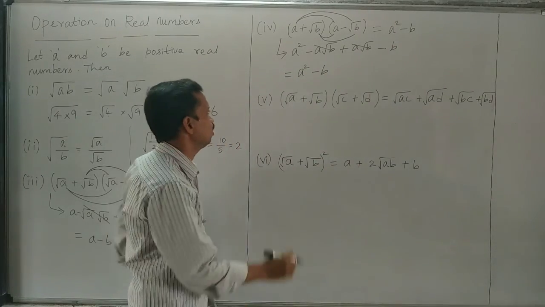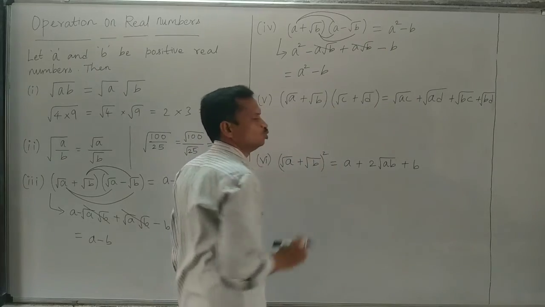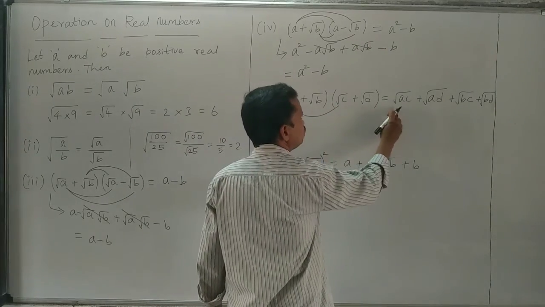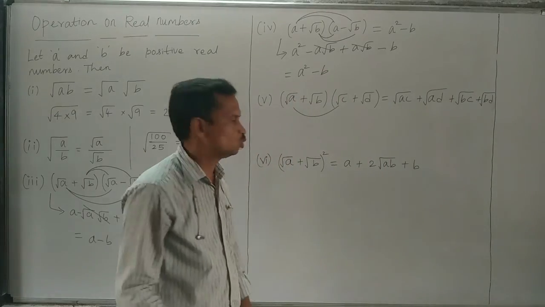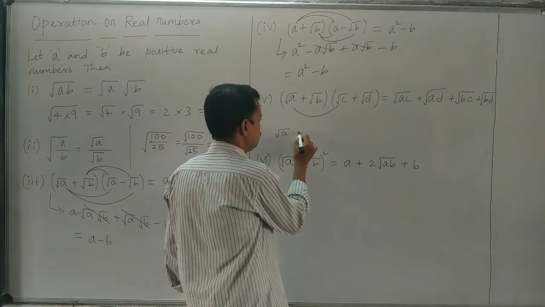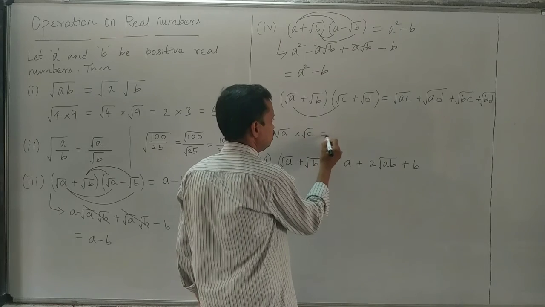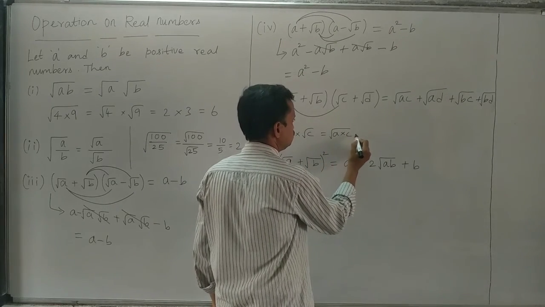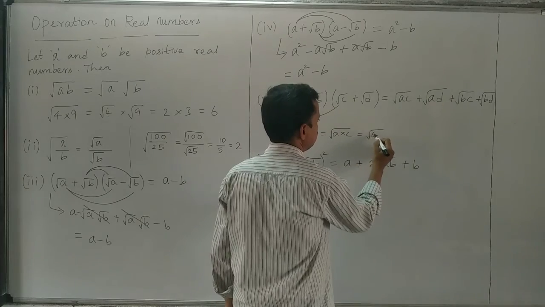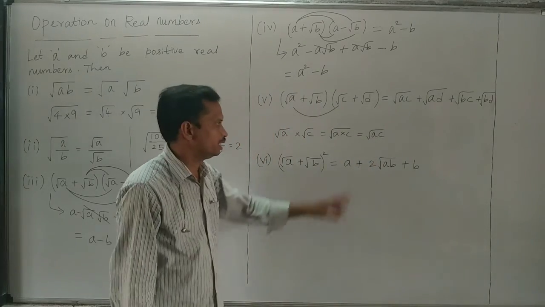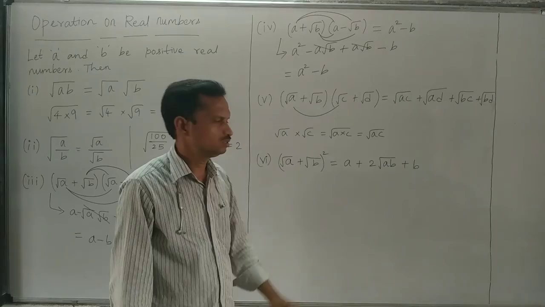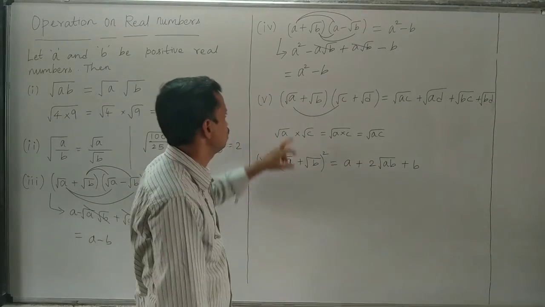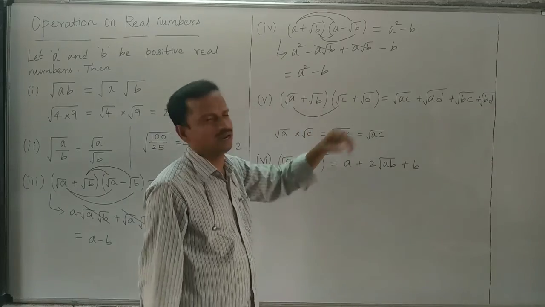Now if you multiply these two, the simple multiplication, root a into root c, we get root of ac. Root a into root c, we can put within the same square root, that is, we can write this as ac. Clear? A and c, ac. That is, between a and c the operation is multiplication. So in such a way, all are square roots only.